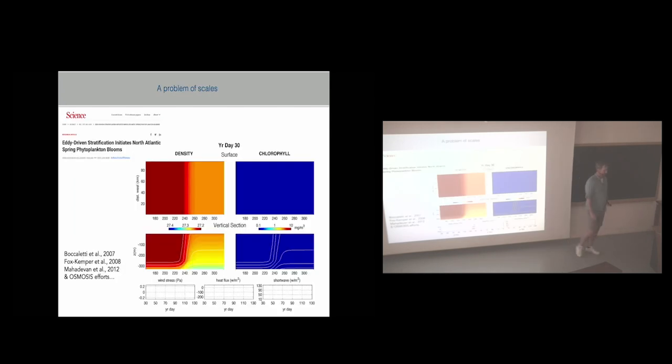Here we see this lovely simulation by Amala Mahadevan in the North Atlantic, in a study that was set within the North Atlantic bloom experiment. What you see here is a surface view of a density gradient, with kilometers west and some distance. So it's really a surface view of the density gradient and front.